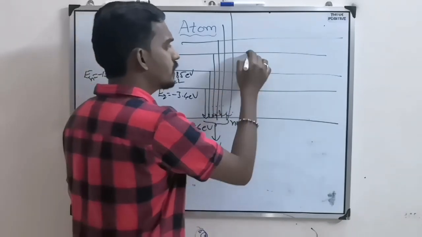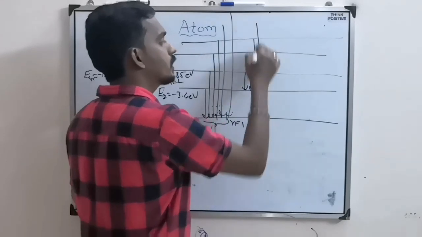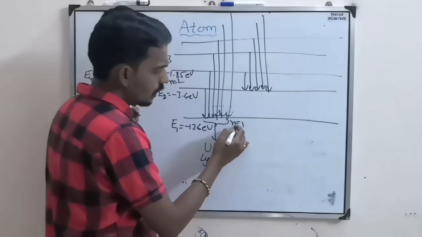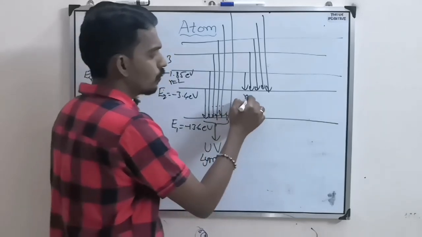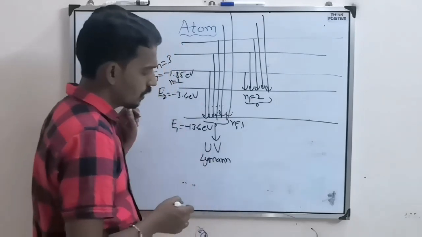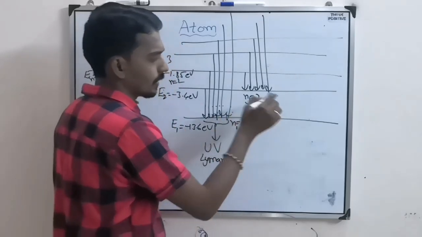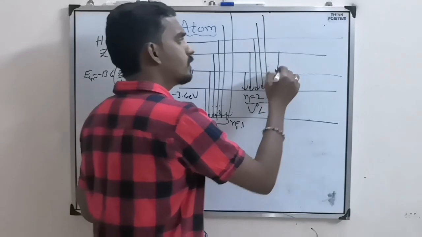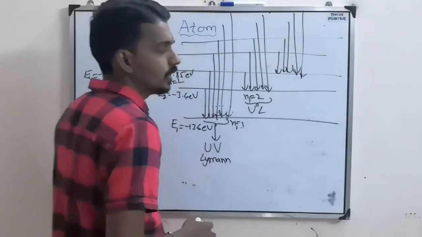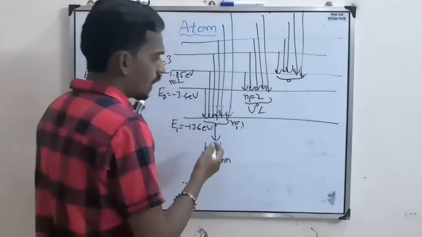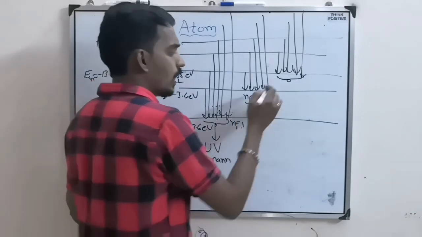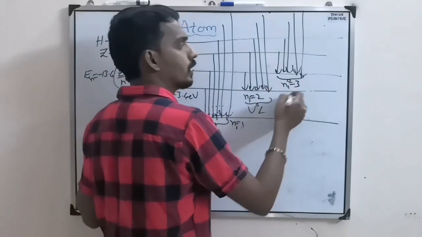Now if the transition is taking place to the first excited state from any higher level, so here n1 is 2, then these are called the Balmer series, and this will lie in visible light. Then next, the transition to the third orbit or second excited state is called the Paschen series, where n1 equal to 3.